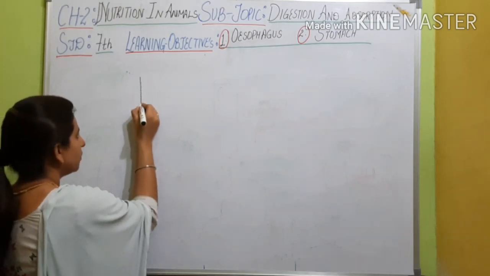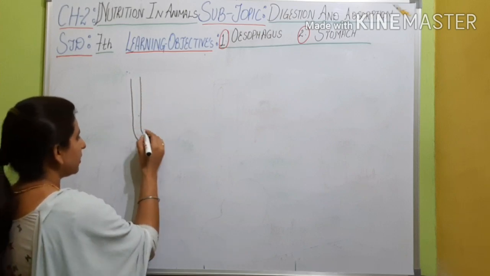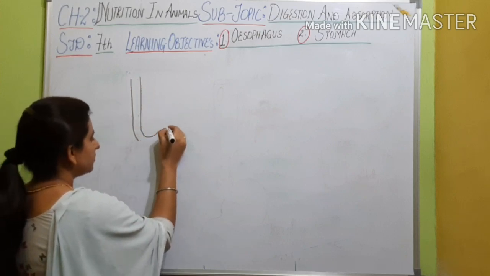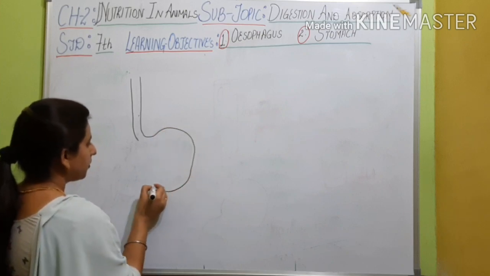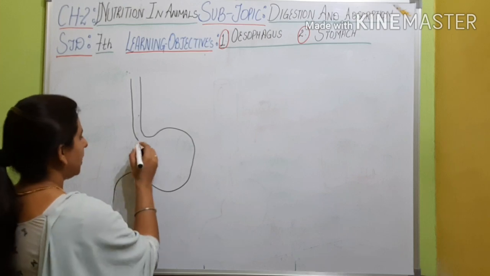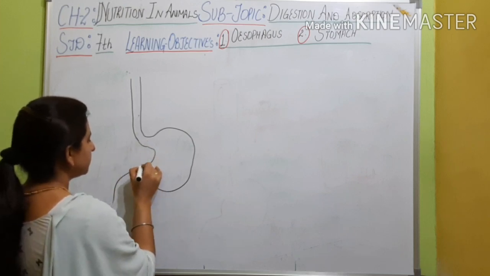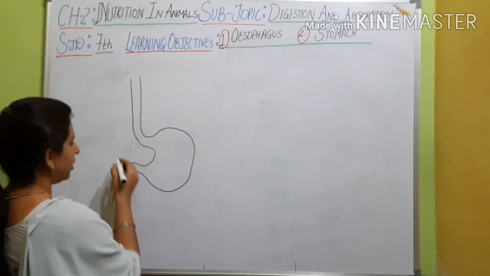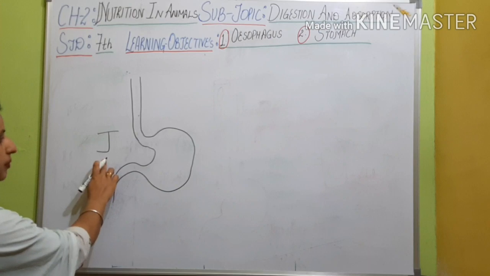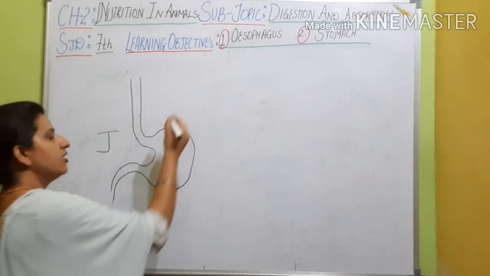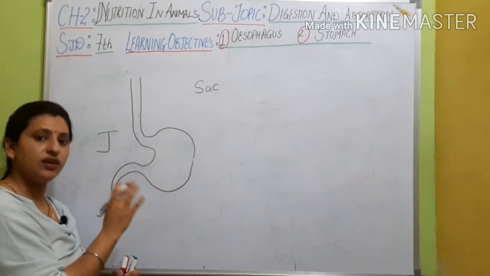This is the esophagus coming down. It is a big pouch-like structure, and it is a J-shaped structure. It is a big pouch or sac-like structure. Sac means it is somewhat empty from the inside.